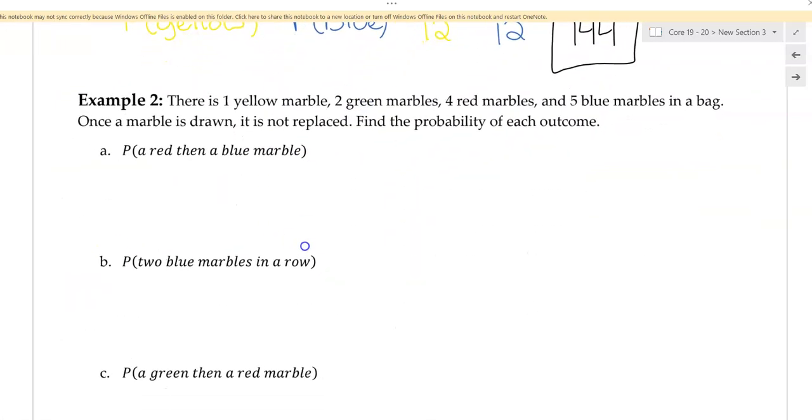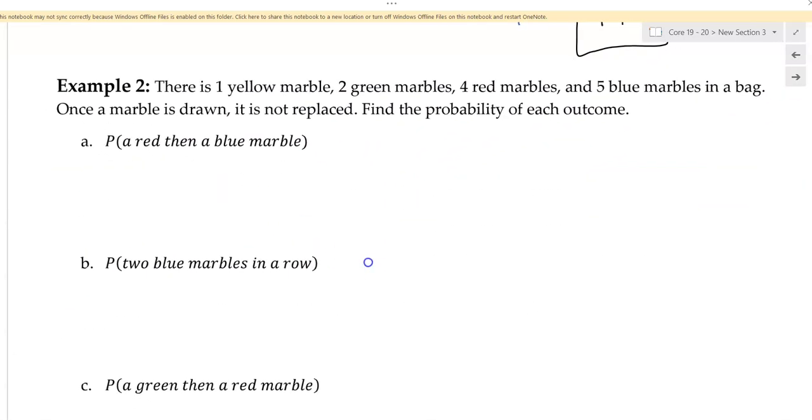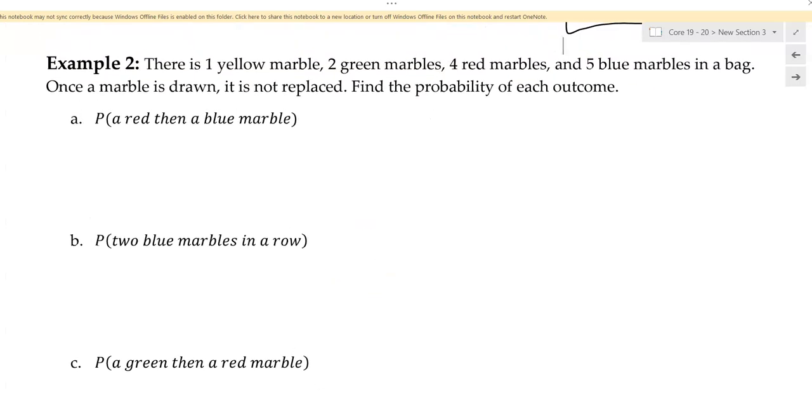There is 1 yellow marble, 2 green marbles, 4 red marbles, and 5 blue marbles in a bag. Once a marble is drawn, it is not replaced. Find the probability of each outcome. Okay. So the only thing that has changed about this problem is now I'm not putting my marble back.